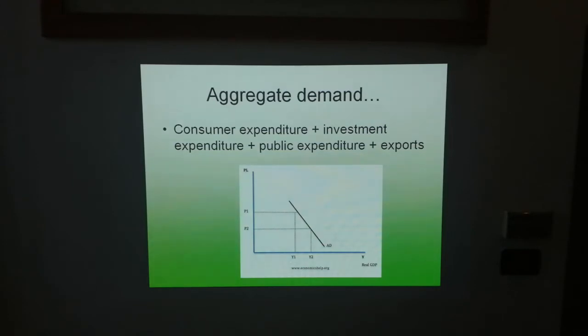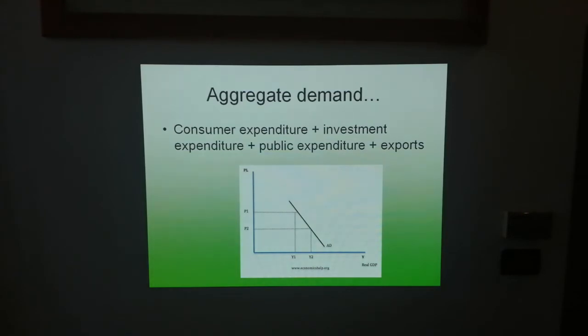So the real GDP goes up. Output can go up if prices go down. If prices go up, output, the GDP, or PIL in Italian, goes down. The demand for products, also the total demand.